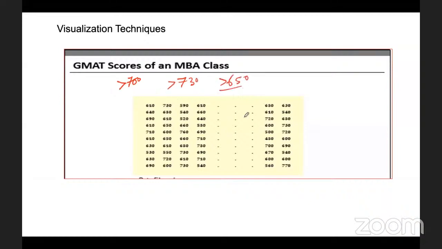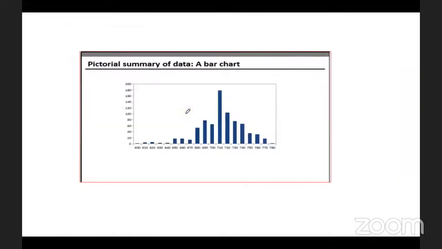If you see the data set as it is, would you get that idea? No, we will not get that information if you just stare at these numbers. What do we need? We need visualization, graphs. The first visualization technique that we can use is a bar chart.